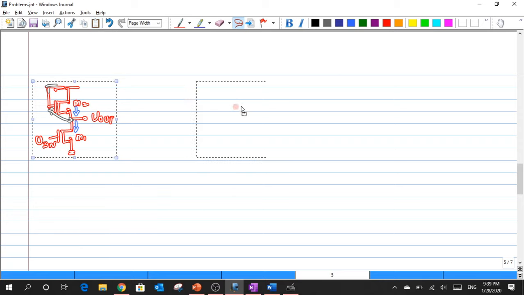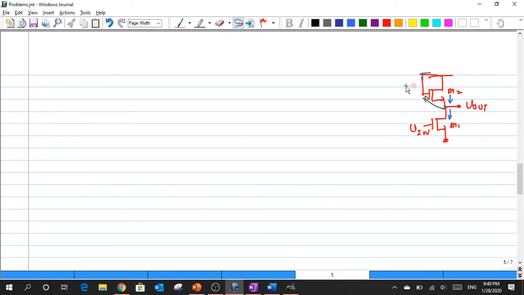One region would be cutoff, and the second region that we can have across this diode connected transistor is nothing but saturation. Since there is already a current flow available across this M1 transistor, we can consider this M2 to be in saturation.